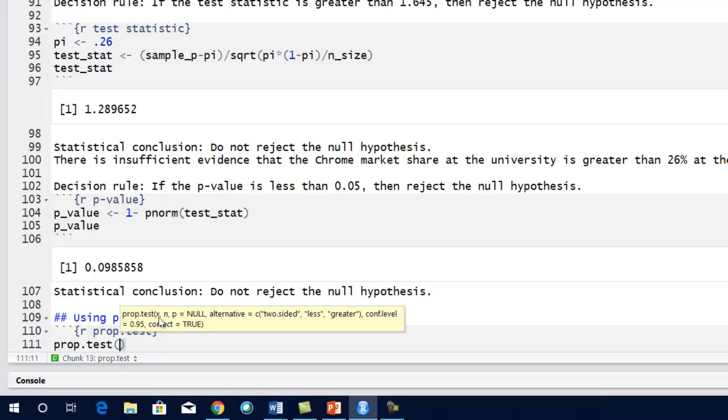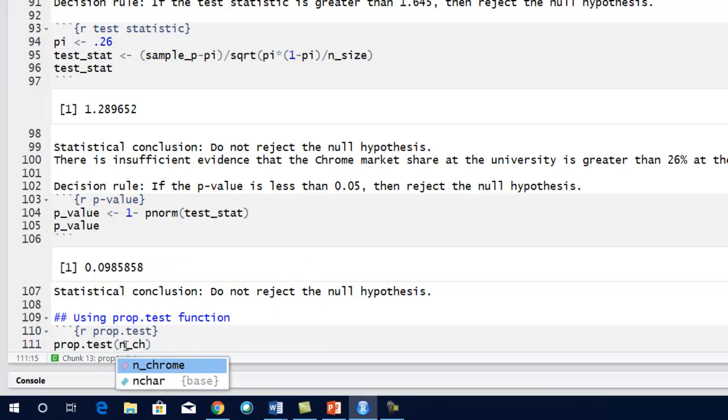We need to give it the number of yeses, the number in the sample, so I'm going to say x for Chrome, and n for the size. I also need to give the value of p. It's a good idea to always check the instructions to make sure I'm using the right syntax.